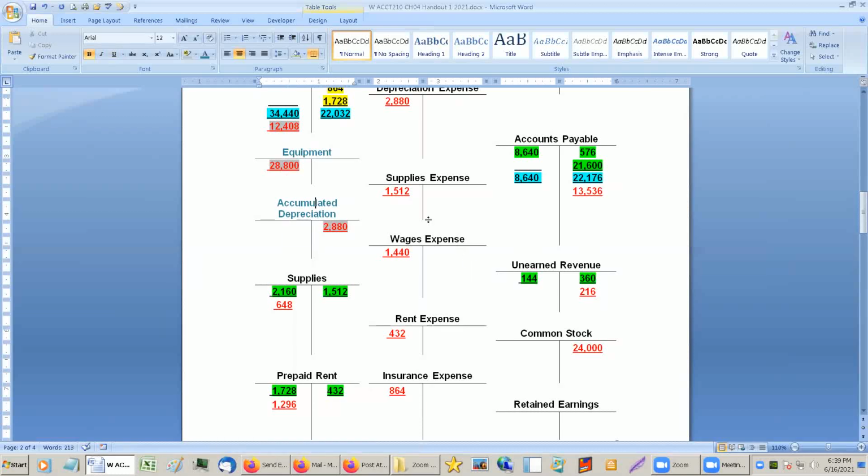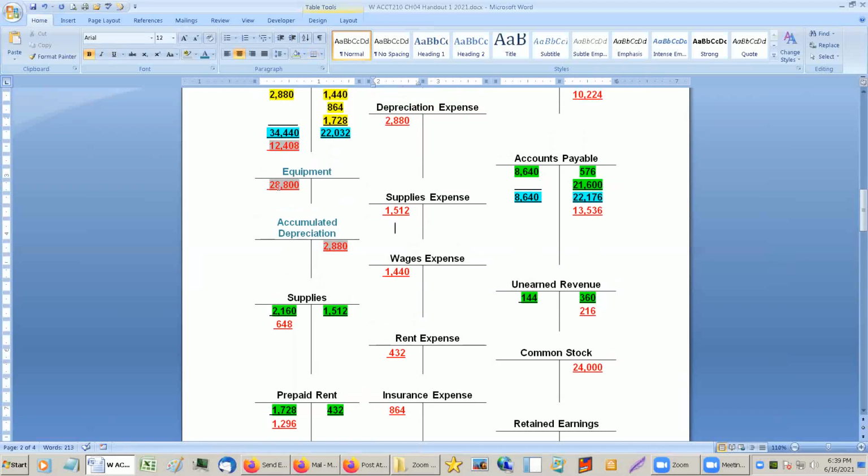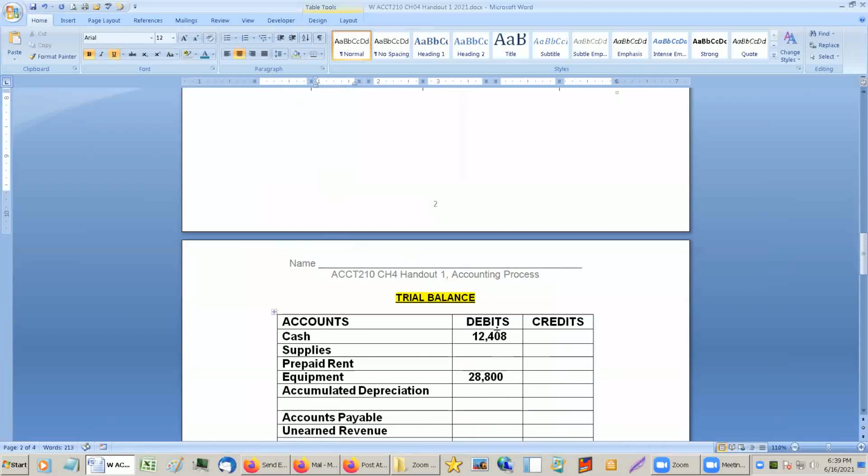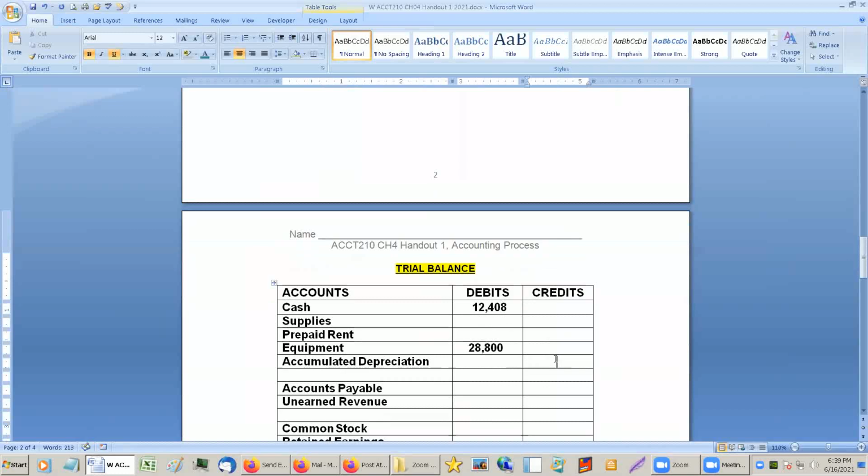So coming down here, so 2880, and notice that the equipment is a debit, this accumulated depreciation is a credit. And these two again, they're going to go together.